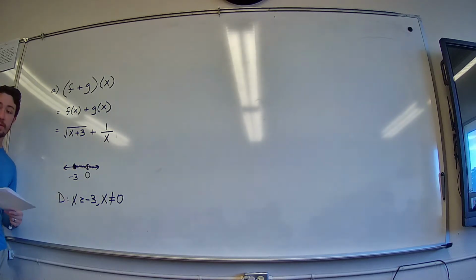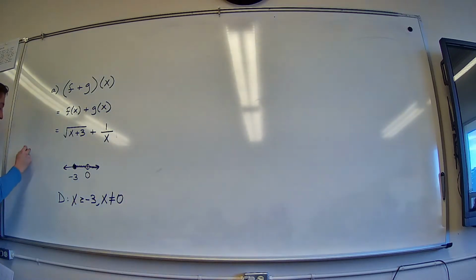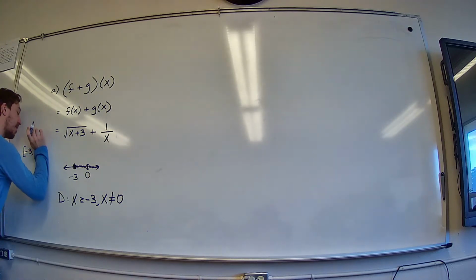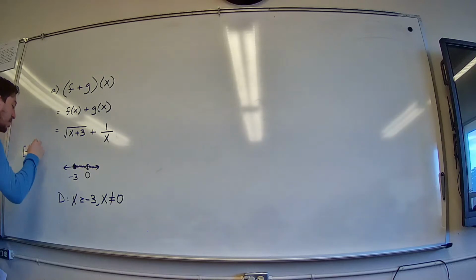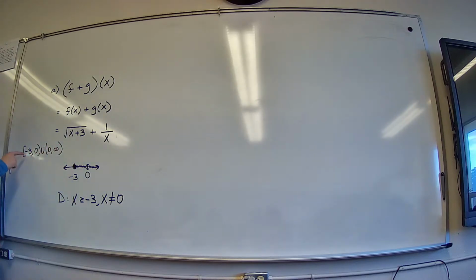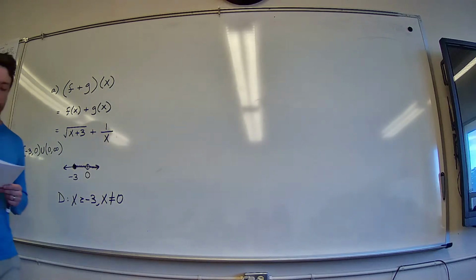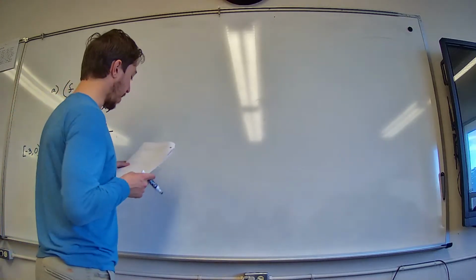And if you really want to use interval notation, you could write this as -3 to 0, union 0. So from -3 to 0, and then from 0 to infinity, it's the other way you could write that domain. All right.